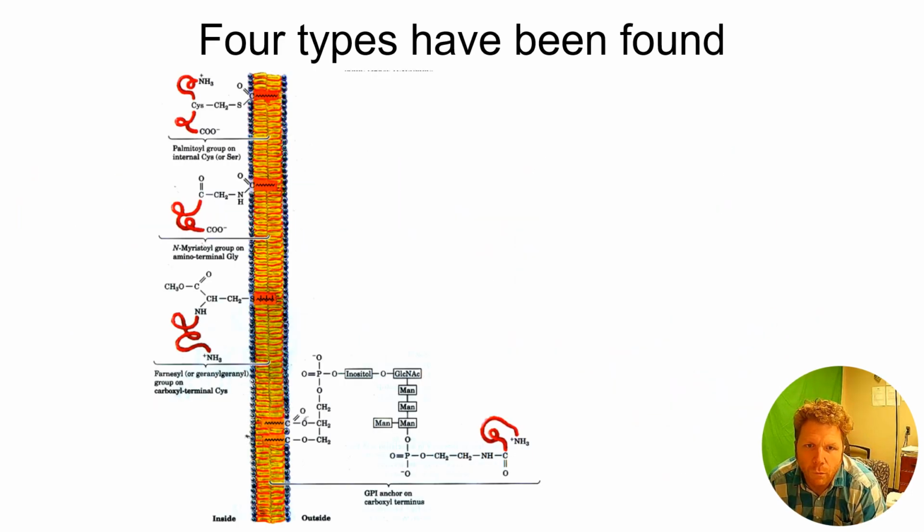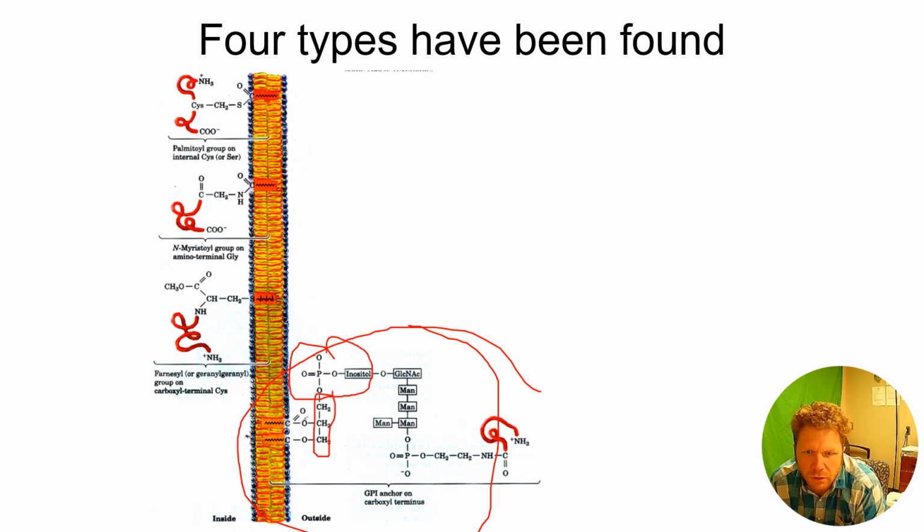Now, with that in mind, what we were just talking about is basically this down here. Here's our glycerol, here's our phosphate, here's our inositol head group, here's our sugar linkage, here's our phosphatidylinositol, and here's our protein.